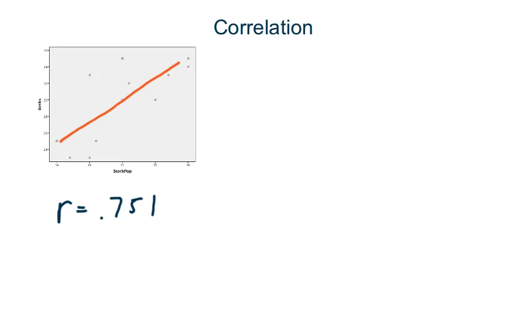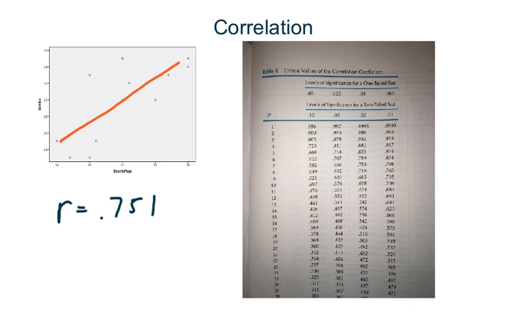Well, to do that, just like we've done with t-tests and ANOVA and whatnot, we look up in table R of our textbook and look for that critical value. What I've put up on the screen here is just a picture of table R from your textbook. And just a little bit about how to read it.